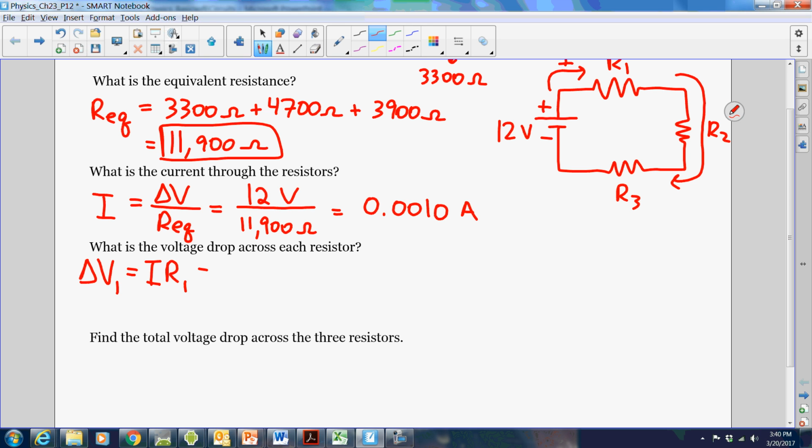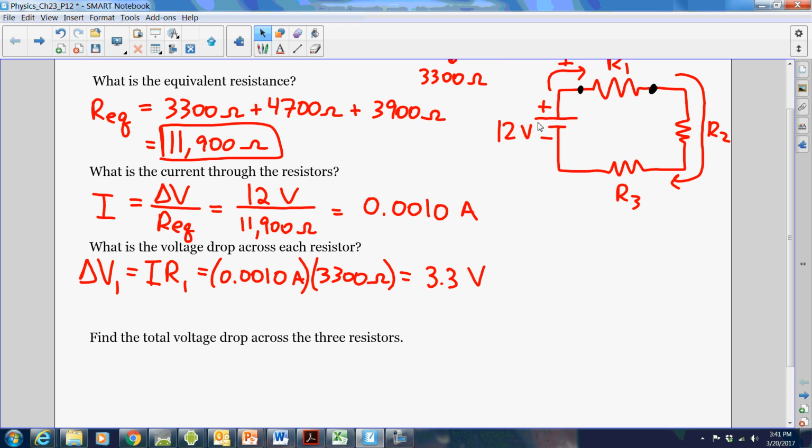So for this one, you get 0.0010 amps times that 3,300 ohms. And just because of the way the math works out, this isn't always true, but we get back to the number 3.3 volts when you do that out. Okay, so that means that between this spot and this spot, the voltage is going to drop 3.3 volts.